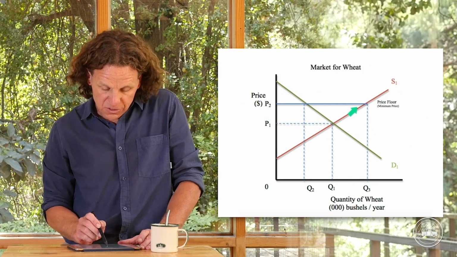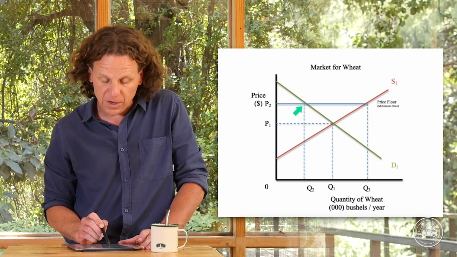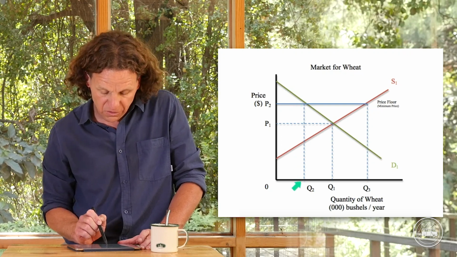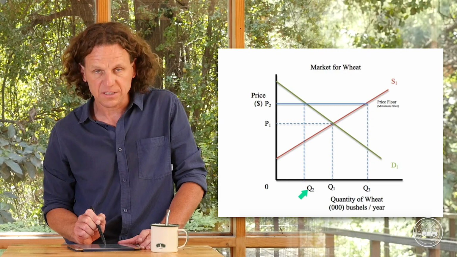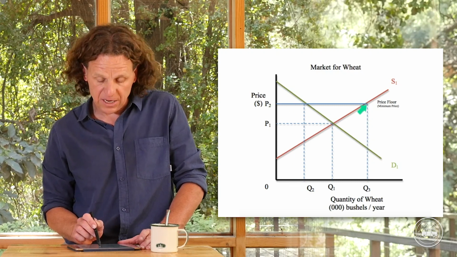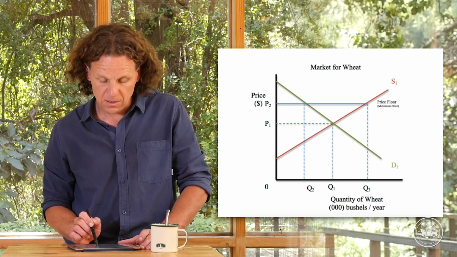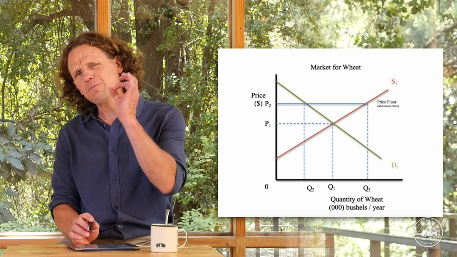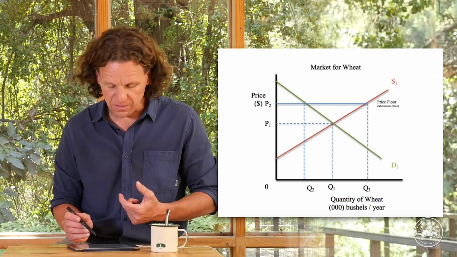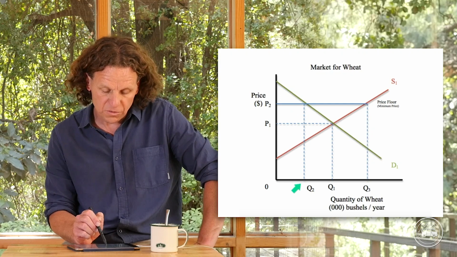So, with P2 established, we can see that the intercept of the price floor with the demand curve is going to create an output or a quantity of Q2. And where the price floor intersects with the supply curve, that is going to create an output of Q3. Okay. But where's the market actually going to operate? The market is going to operate at P2, Q2.